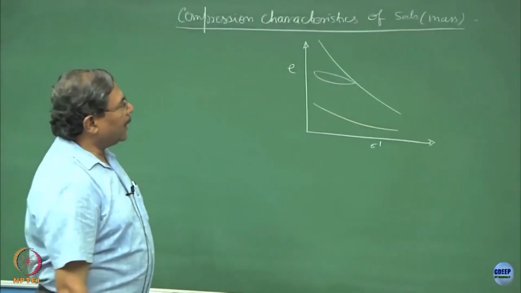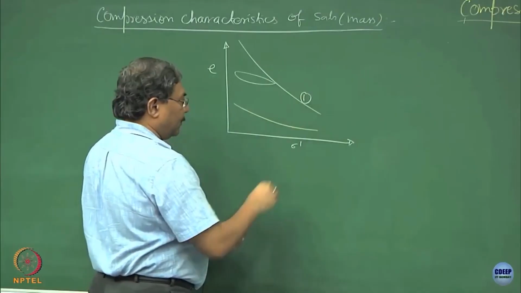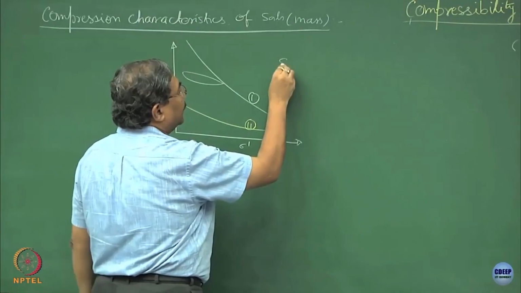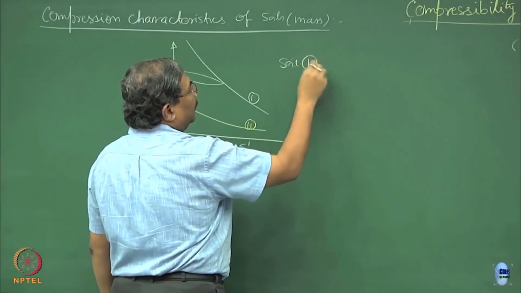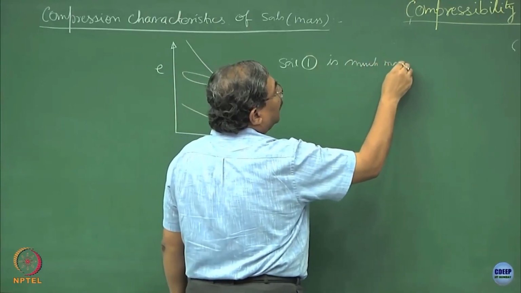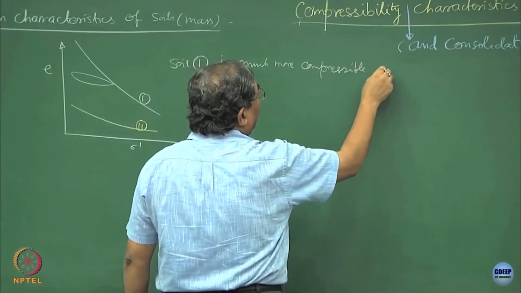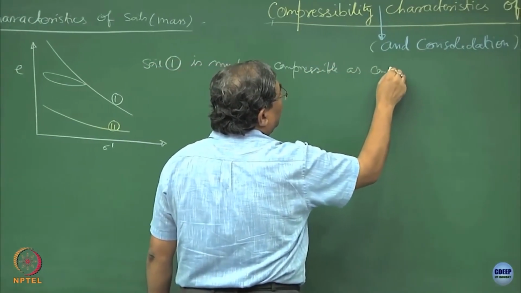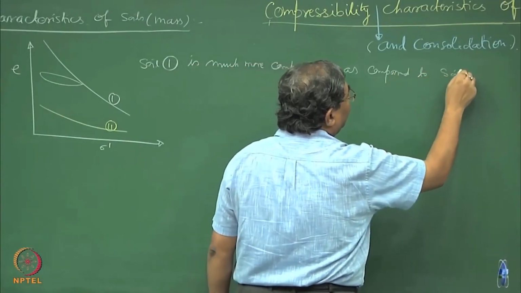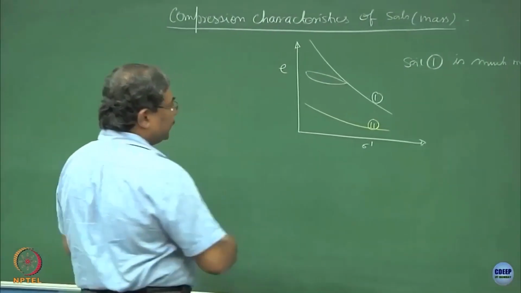So, it is understood that soil 1 is much more compressible as compared to soil 2. So, this is how you can also characterize the soils and differentiate between them.